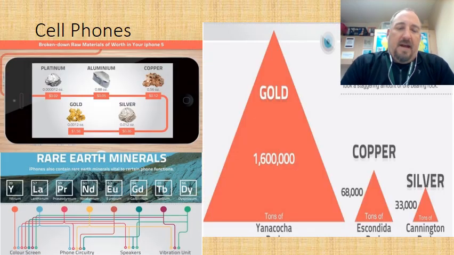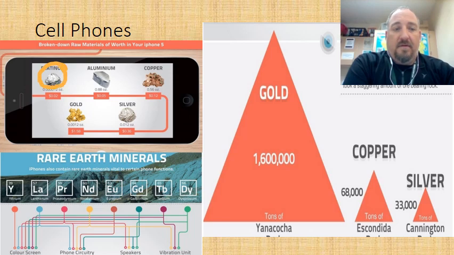So what we're looking at here, what goes into a cell phone? What are some of the raw materials when we break that phone down? In this example, we're looking at an iPhone 5. I know that they just came out with the iPhone X or 10, depending upon how you want to pronounce that. But we have platinum, aluminum, copper, gold, and silver.